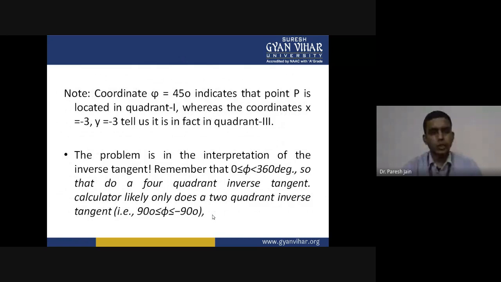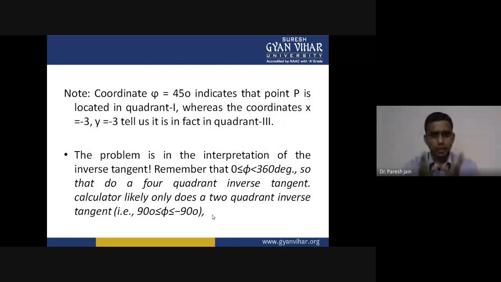Note, coordinate phi equal to 45 degrees indicates that point P is located in the first quadrant, whereas the coordinates x equal to -3 and y equal to -3 tell us it is in fact in the third quadrant.